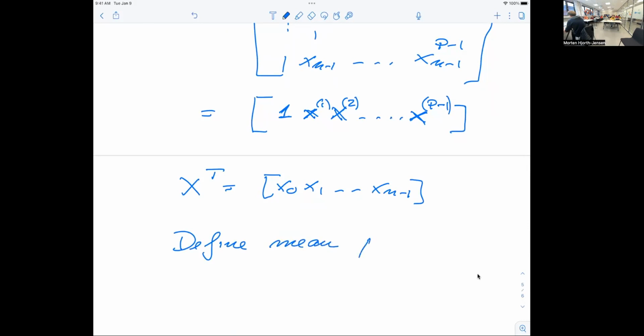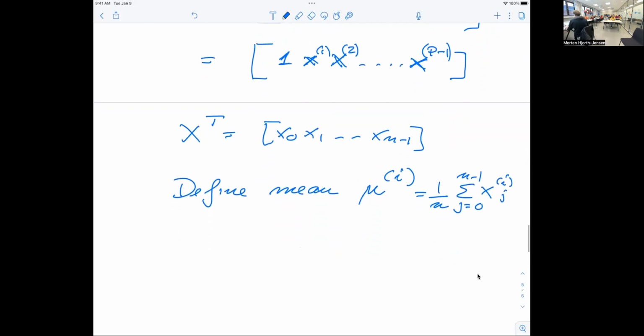Now, what you will do then is to define the mean for each of these. It will be mu of this quantity i, the given column vector, and that would simply be given by 1 over n, and then a sum over j equal 0 to n minus 1 of x of the specific column vector. This will be the column vector i, but now I'm summing over the different elements j.